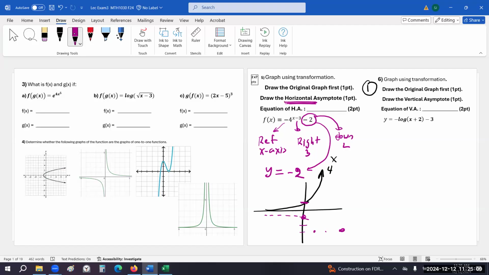But before you draw your graph, always try to draw the asymptote. Our asymptote is -2, which is here. So why draw the asymptote? Because the asymptote is the wall. You cannot cross that wall, Aditya.